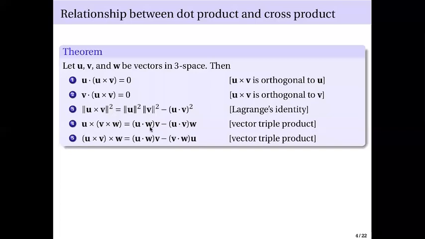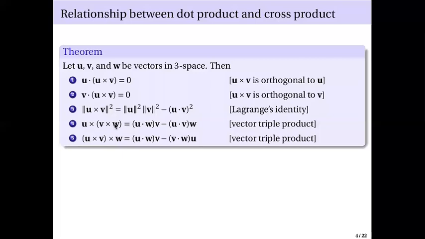So this term is a vector, and this term is also a vector, and combining them gives a vector. That should be the case because the cross product of V and W is a vector, and then you cross that with U, which gives you another vector.